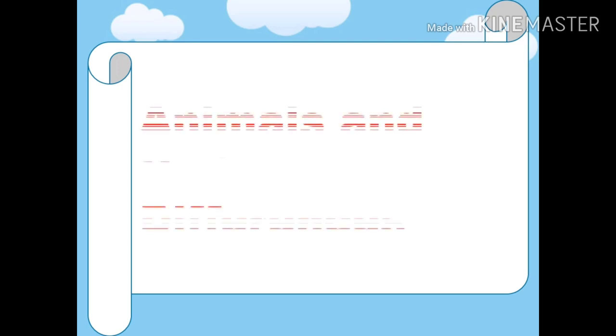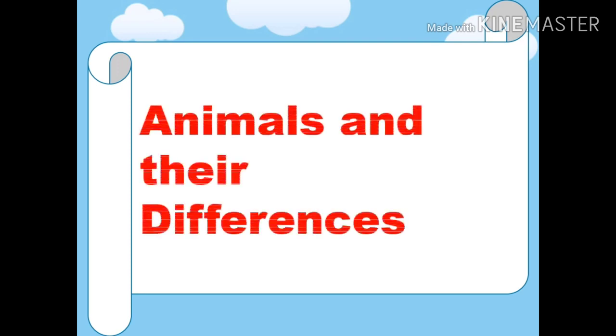Now, let us proceed to our discussion. Animals and their differences. There are many varieties of animals. What makes animals different from one another are their characteristics. We can roughly identify animals by their differences as follows. Number 1.